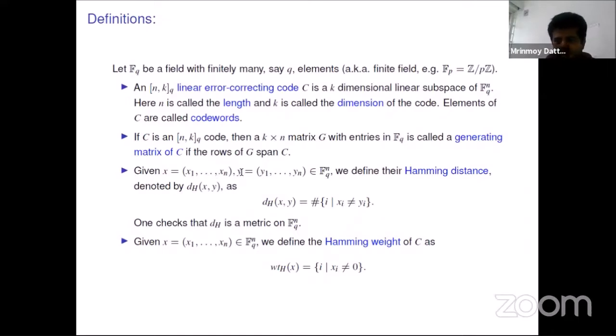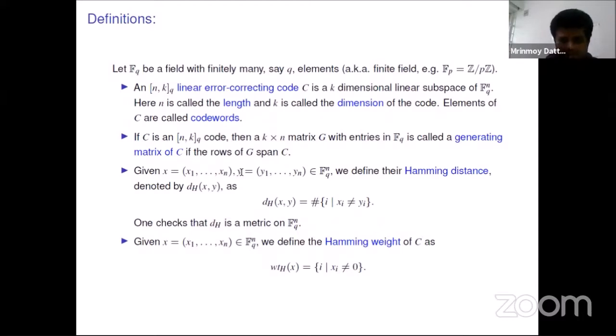We have to somehow define a distance between them. Now, what could be more organic than to define the distance as follows? Given two codewords, the only thing we are interested in is how many coordinates the codewords differ in. We define that as their Hamming distance, and we denote it by d_H(x, y).